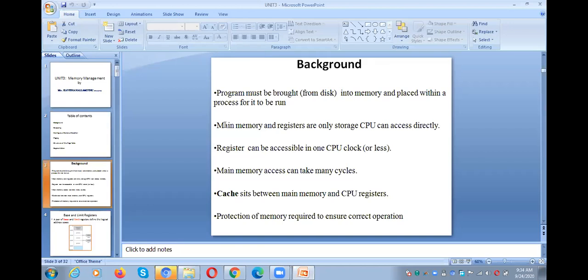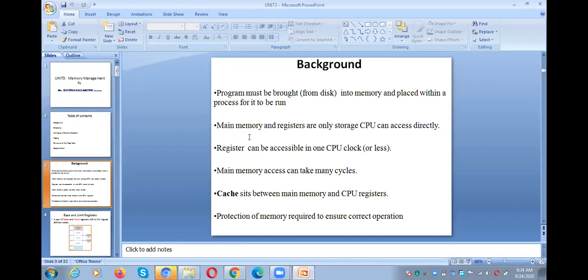The below four in the storage hierarchy are not accessible to the CPU. Coming to the second point, main memory and registers are the only storage the CPU can access directly. That means the CPU can access the main memory, the registers, and the cache.